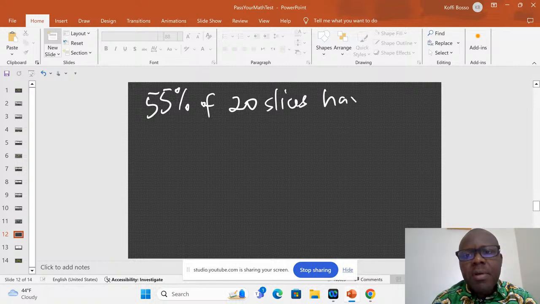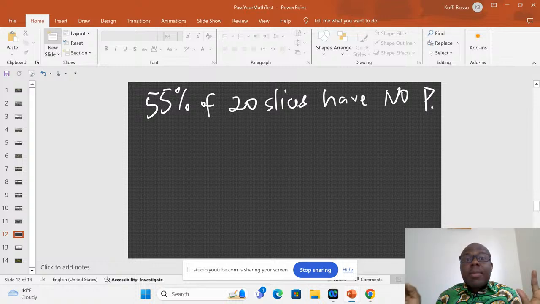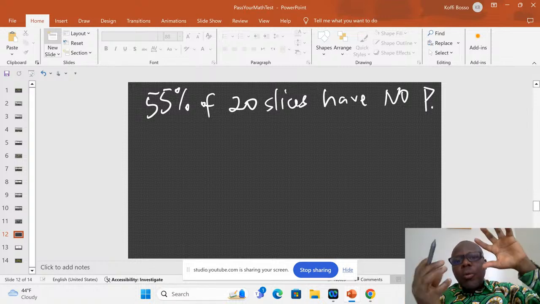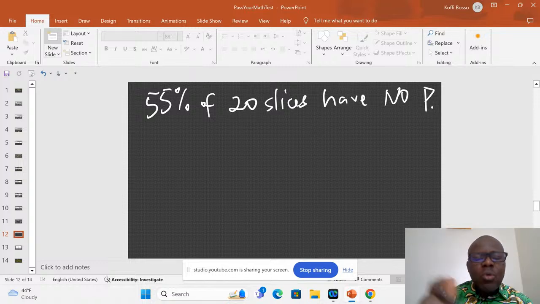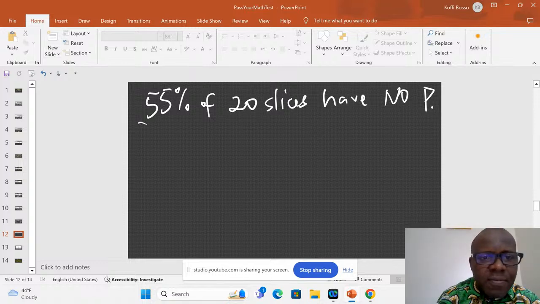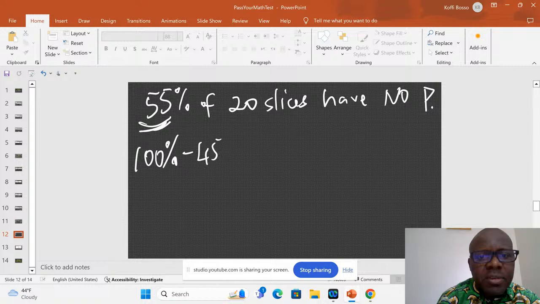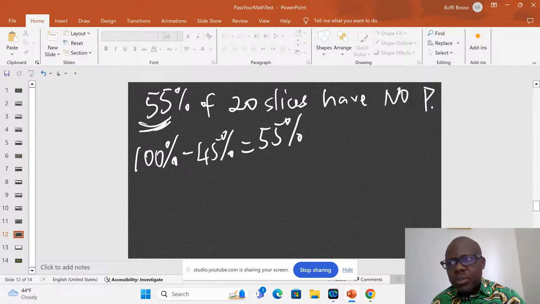The thing is, with pepperoni added to without pepperoni gives you 100%. So I get the 55% by taking 100% minus 45%. You get 55%. So this is another method to solve the question.